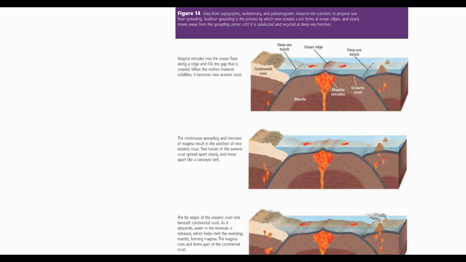This is a diagram that shows how seafloor spreading works. So during seafloor spreading, magma rises because it's hotter and less dense than the surrounding rock, so that's why it rises.